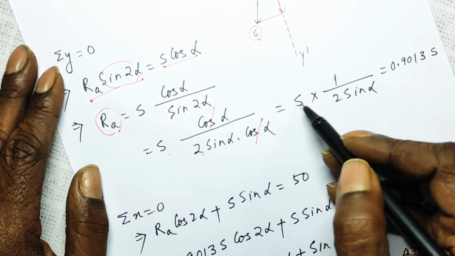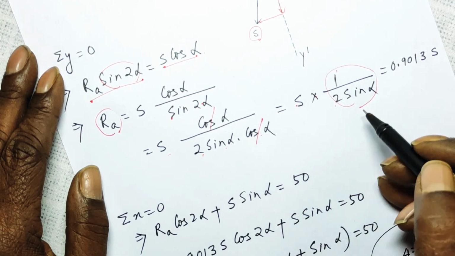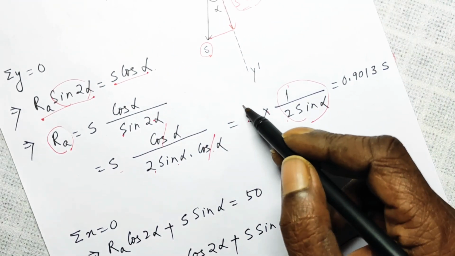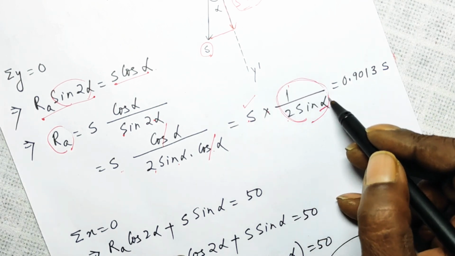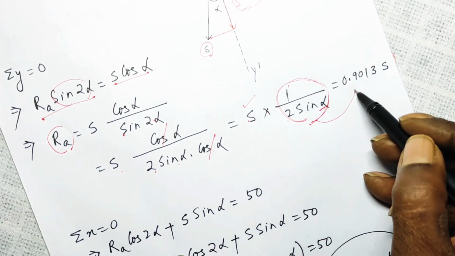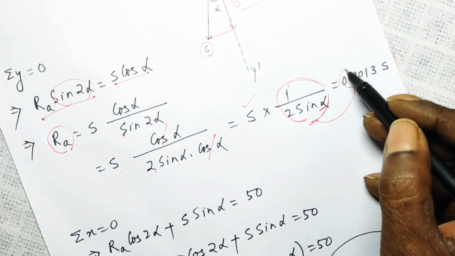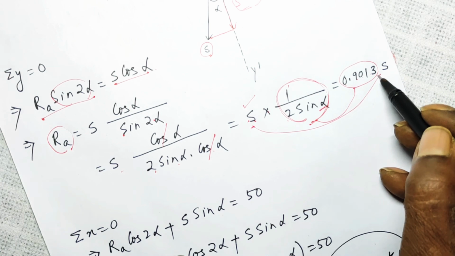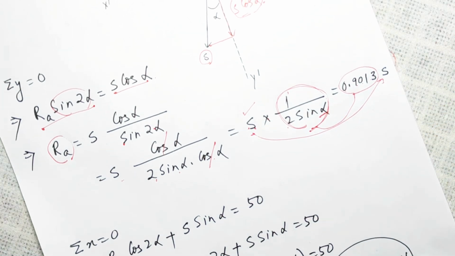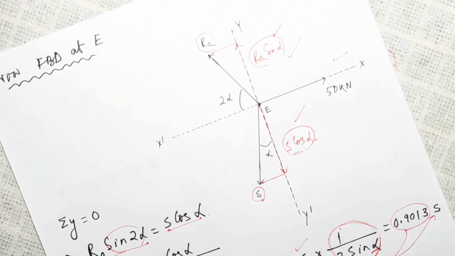So this becomes S times 1 over 2 sin alpha. S is not known, we'll find it out. But alpha is known, so this value is found out. So this becomes 0.9013 times S.